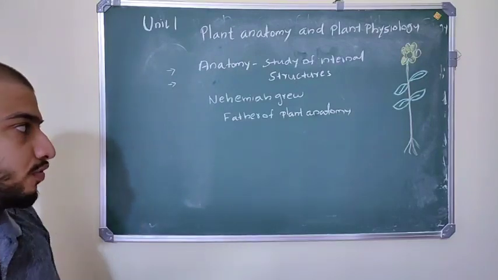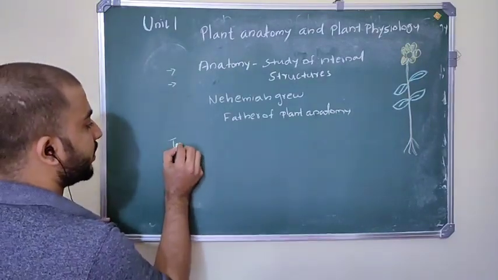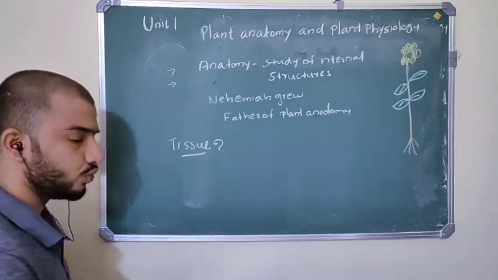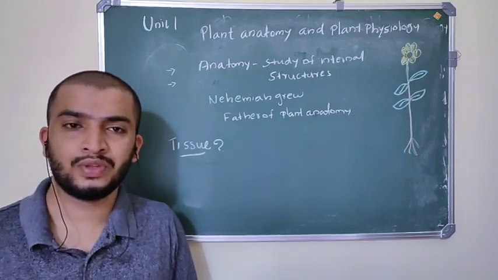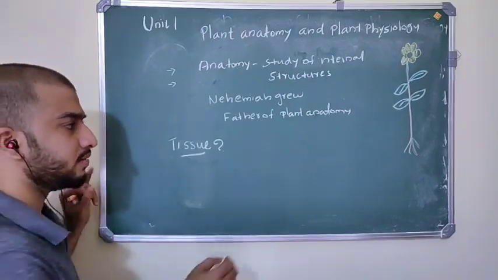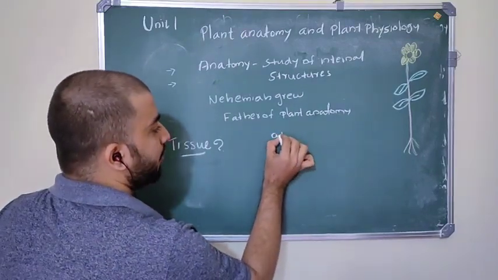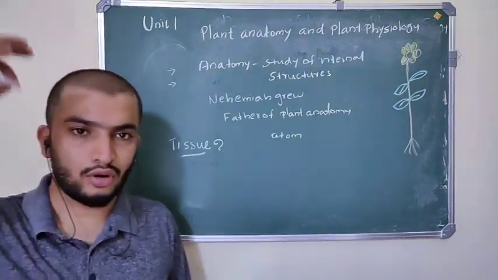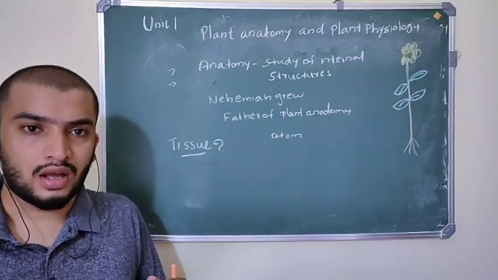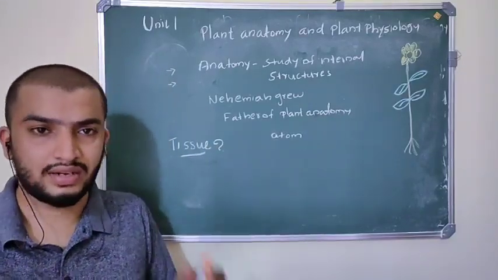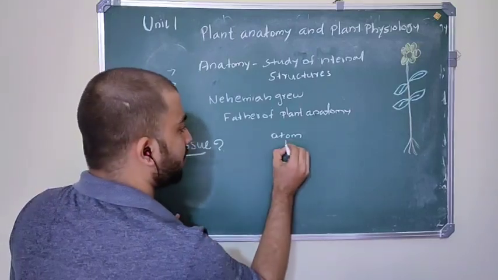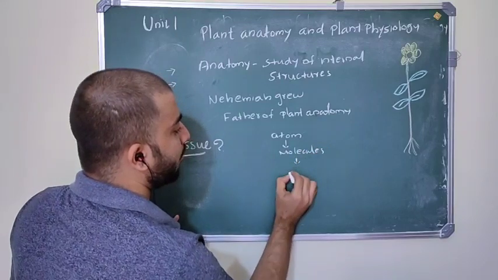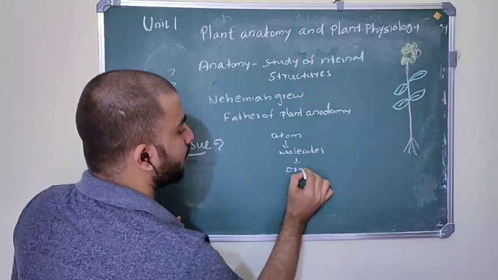So first of all, my question: what is tissue? What is meant by tissue? You know, in a living organism, the level of organization starts from atoms. Many atoms form molecules, and many molecules form organelles.